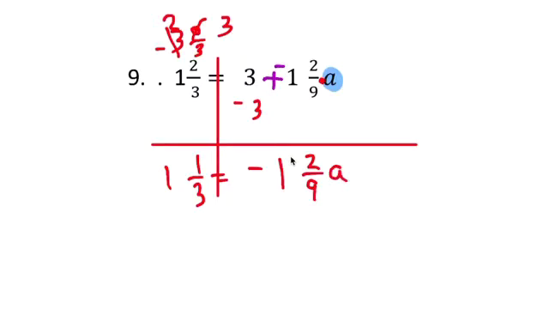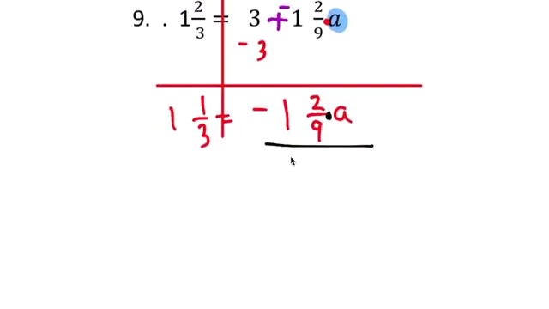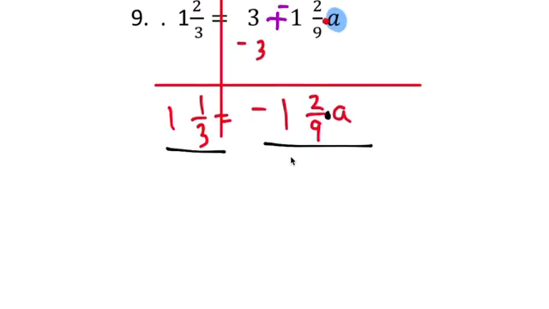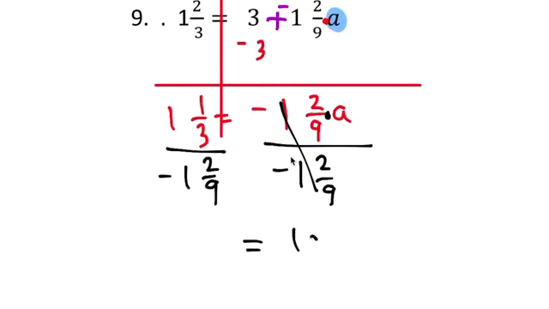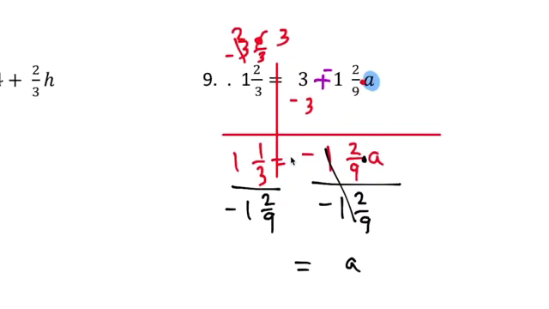Now I divide last because multiplication. I divide by negative 1 and 2/9. Anything divided by itself is 1A, and 1 becomes invisible. Divide that, you need to make it improper.